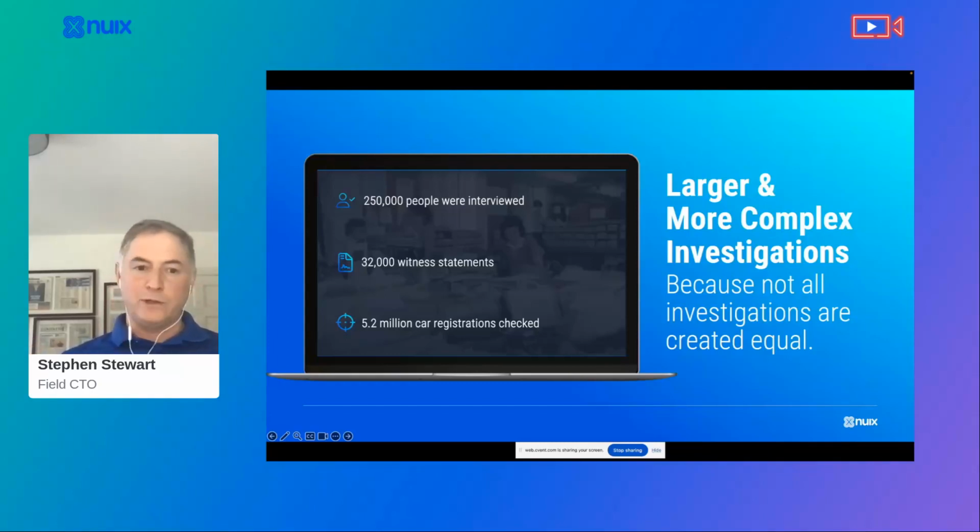Over 250,000 people were interviewed, 32,000 witness statements taken, and 5.2 million car registrations checked. And the reality is, as that investigation took place, they generated so much paper that they actually had to reinforce the floor. Now, that's a hugely complex investigation. There were hundreds of people working on it over the years, and a tremendous volume of effort went into trying to figure that out.